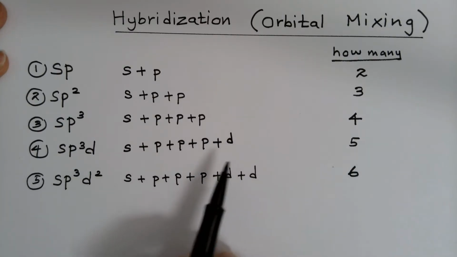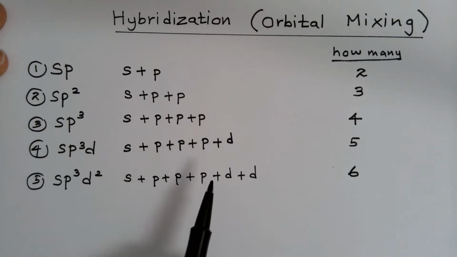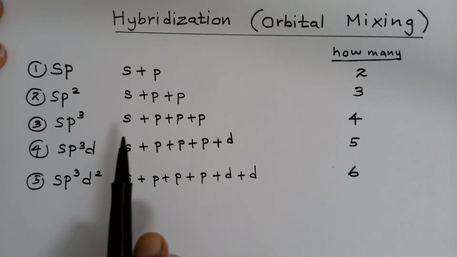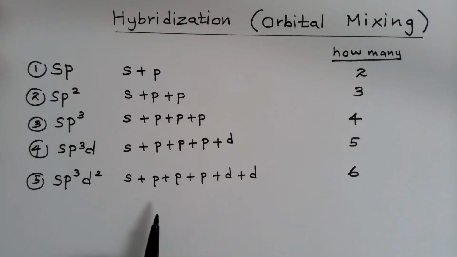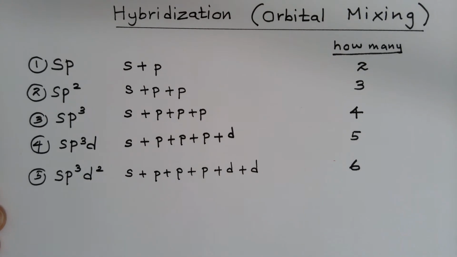Now you can clearly see what the 5 types of hybridization are, and the meaning of sp to sp3d2 hybridization. Now another important thing before we move on to hybridization is the shapes of the orbitals.